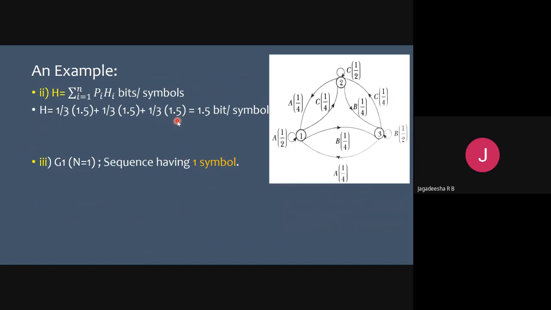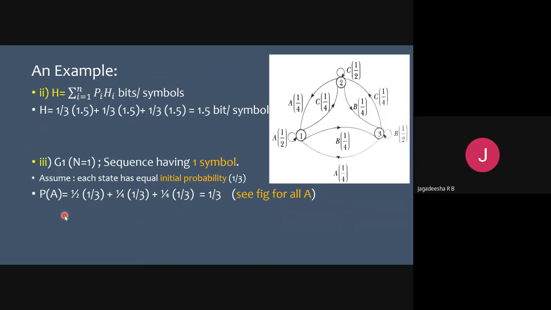Next, we need to find out the average information content. If it generates one symbol, maybe it is generating A, or B, or C, then we write it as G1. N is 1 here because it is generating just one symbol.